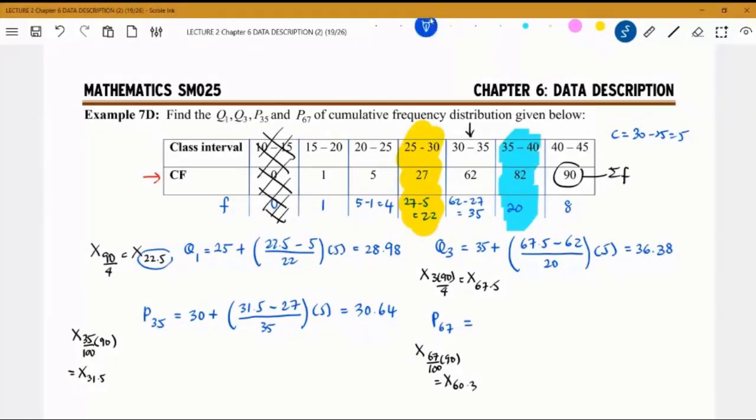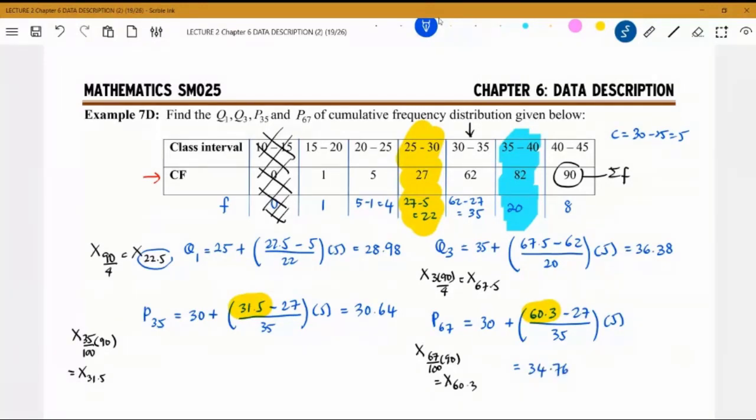So 60.3 lies on the same class as the P35, but we will have something different here. The lower boundary is the same, 30, plus, and what changes is this part: 60.3 minus 27 over its own frequency, 35, times 5. So even though it lies on the same class, what differentiates it is this part. The value here we will get is 34.76.